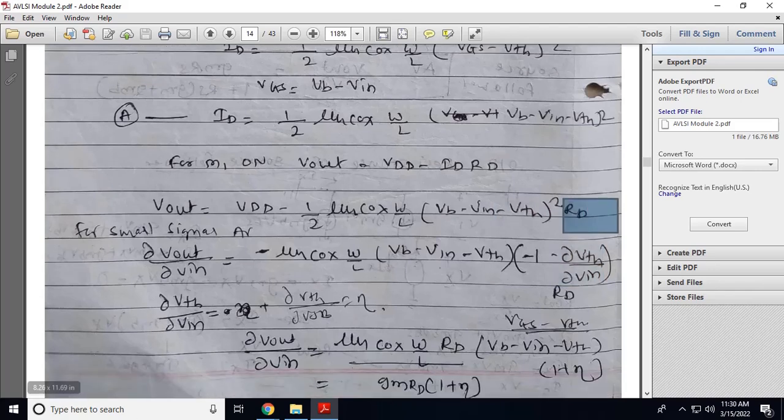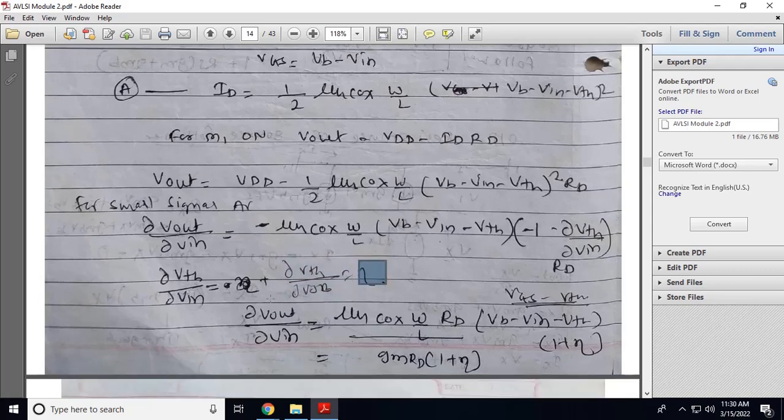Now derivative of VTH with respect to Vin is nothing but derivative of VTH with respect to VSB, and that is eta. So derivative of Vout with respect to Vin is equal to μn Cox W/L RD (VB minus Vin minus VTH) (1 plus eta). So this is 1 plus eta.